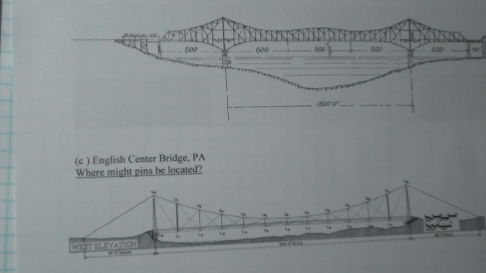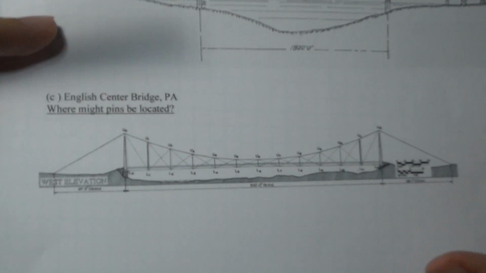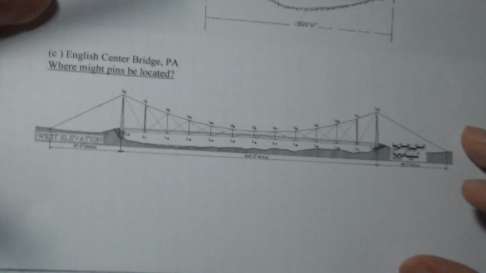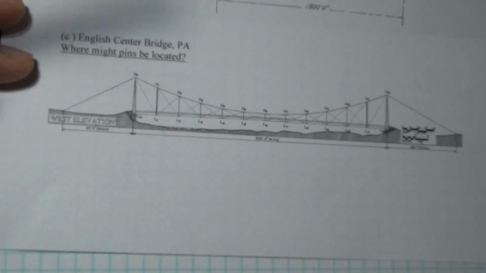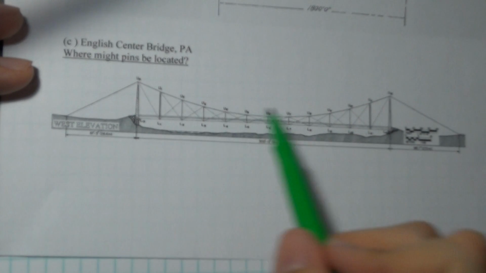For problem C, note that this is like a type of suspension bridge. So you're going to have members that are obviously in tension. In this case, the cable up here is known as a catenary.